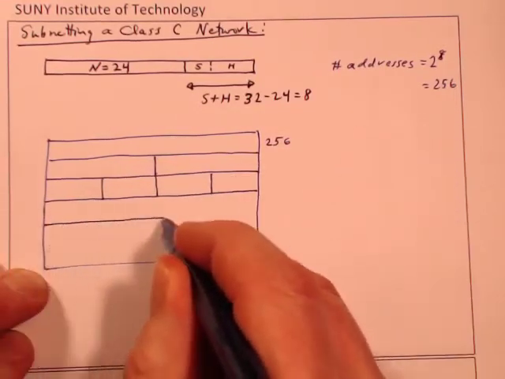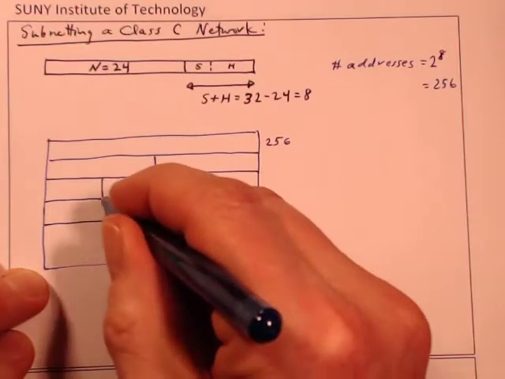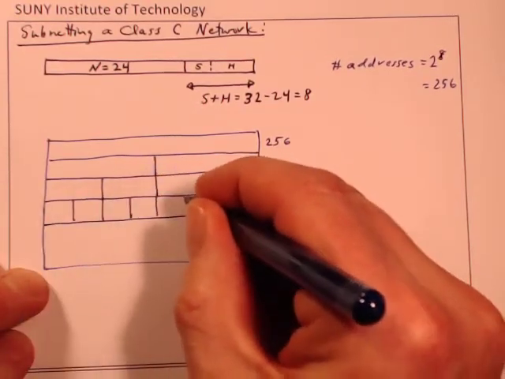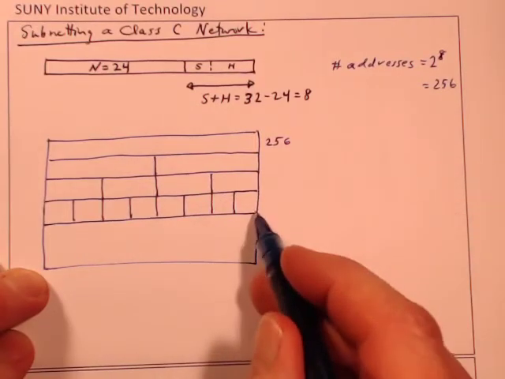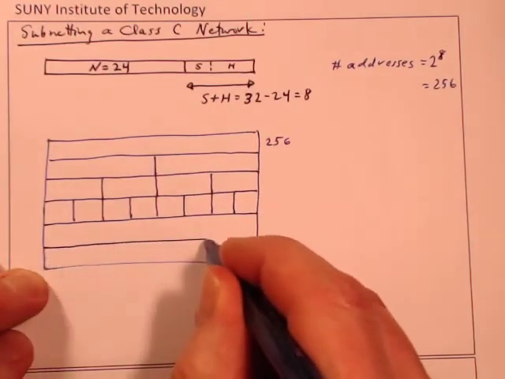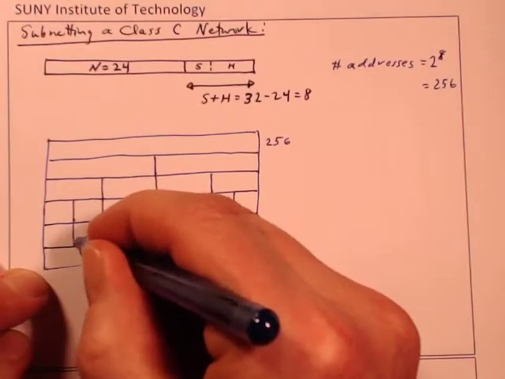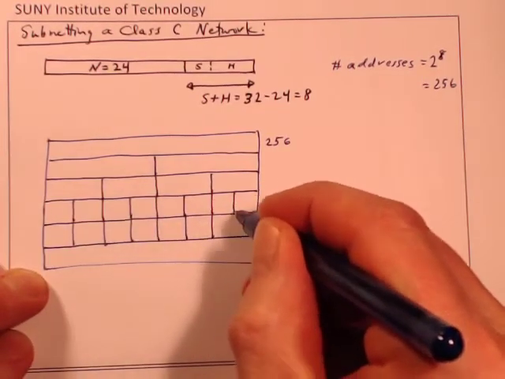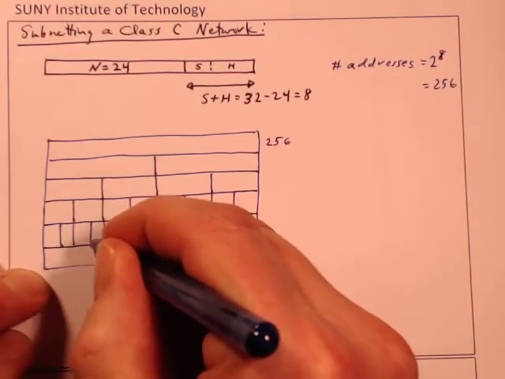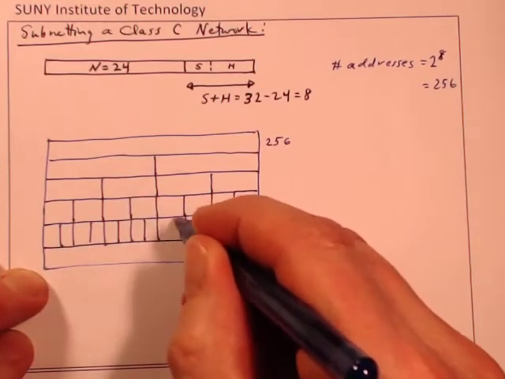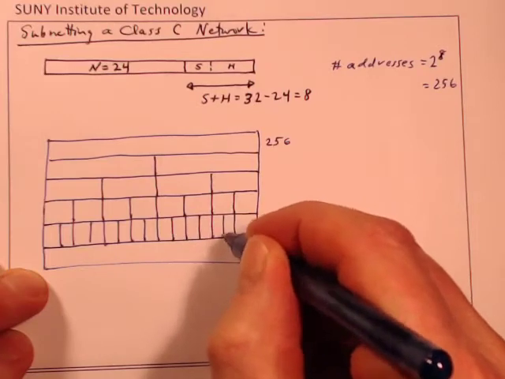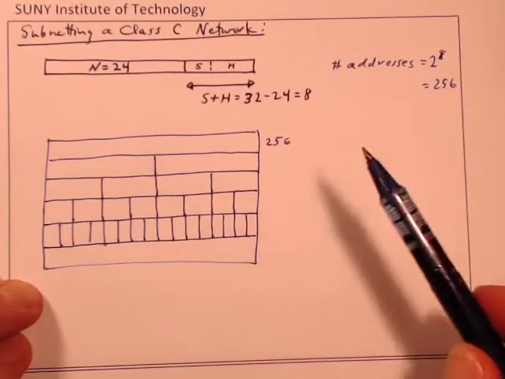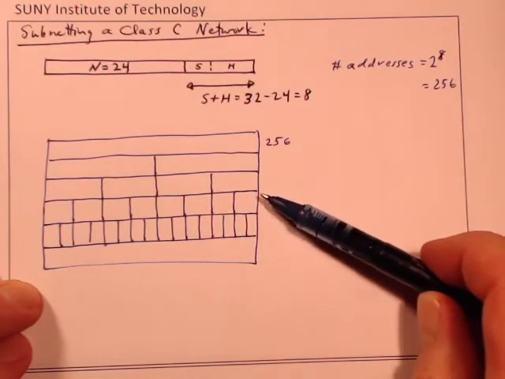If S is 3, then I'm going to break it up into 8 pieces. 2 to the 3rd is 8. If S is 4, then I'm going to break it up into 16 pieces. So I have all the previous divisions, and I cut it in half once more. And this is going to give me 16 IP addresses. Okay, and finally, if I use, let's see, this is 1 bit, 2, 3, 4.